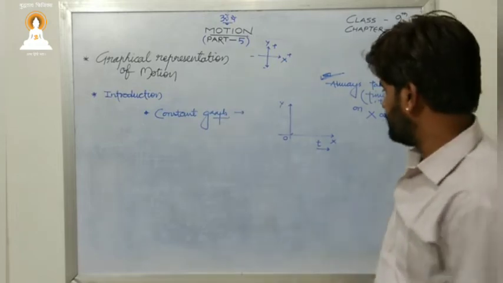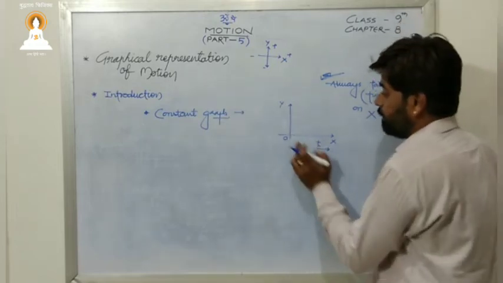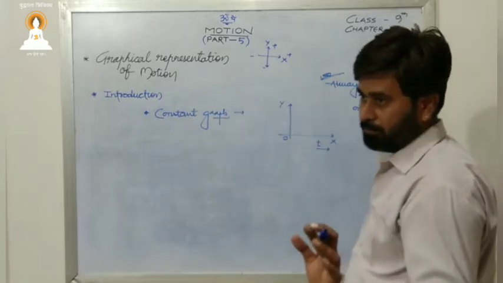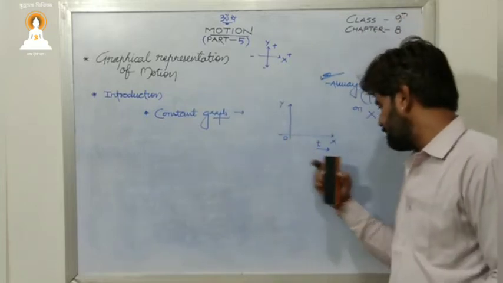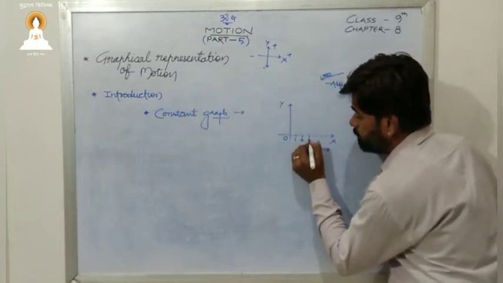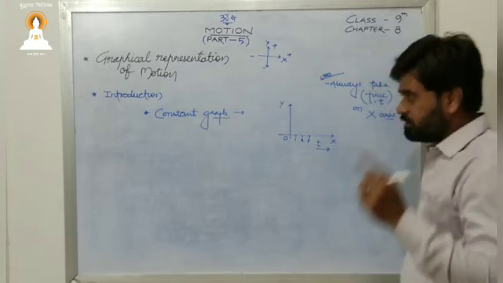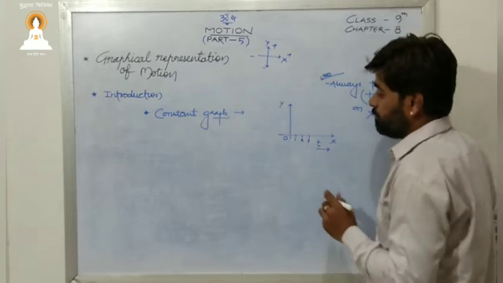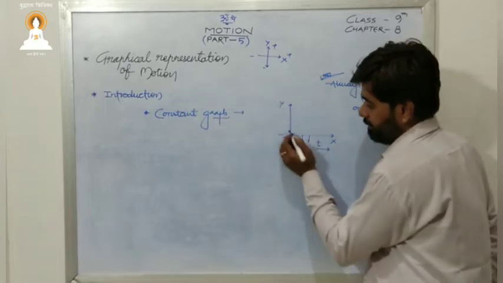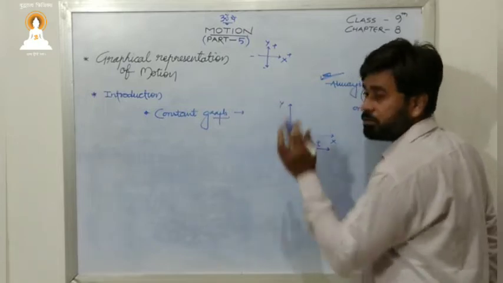Now let us see the constant graph. Now, sir, for time we have confirmation that it will always move on, meaning it will always increase. Suppose this is 1, this is 2, this is 3, and further. Constant graph means that with respect to this time, that particular quantity has a constant value.